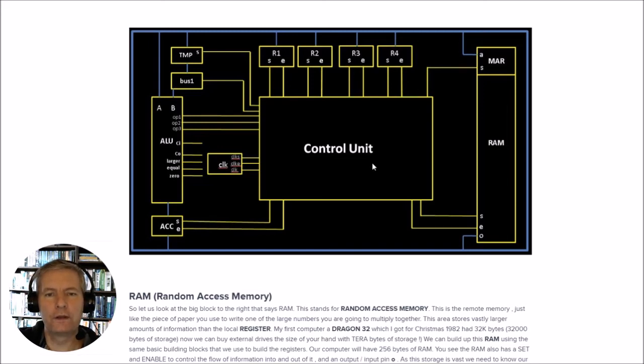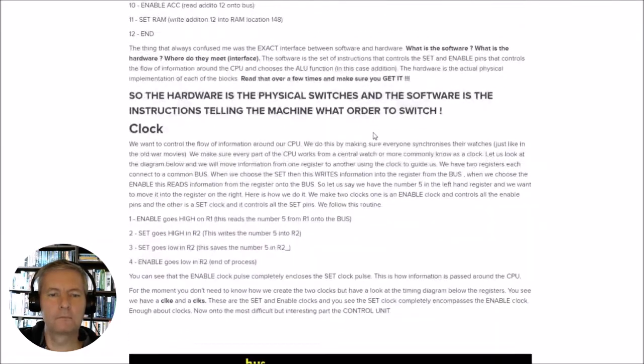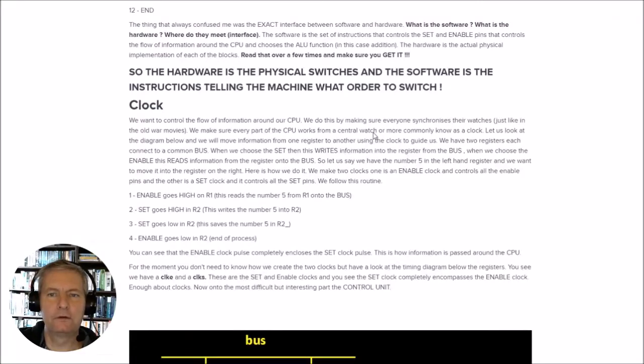So the software is the code which tells us what sets and enables to turn on and off at what time. So let's just have a wee repeat of this. The software is the set of instructions that controls the set and enable pins that control the information flow around the CPU.